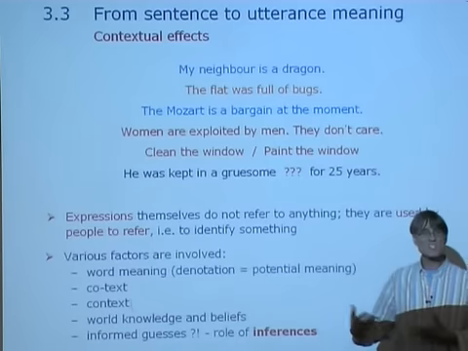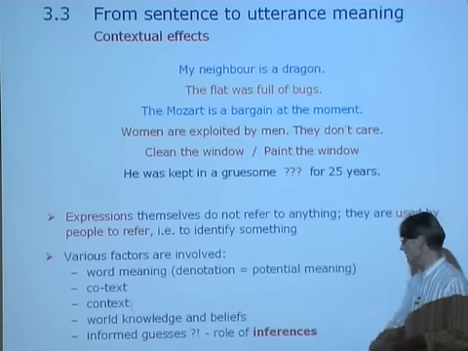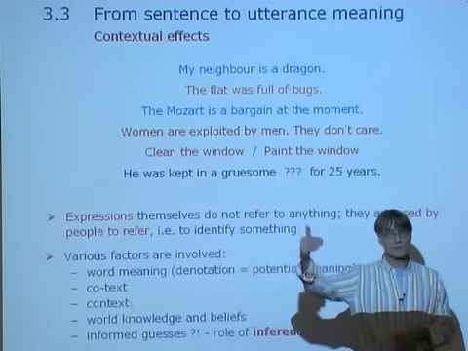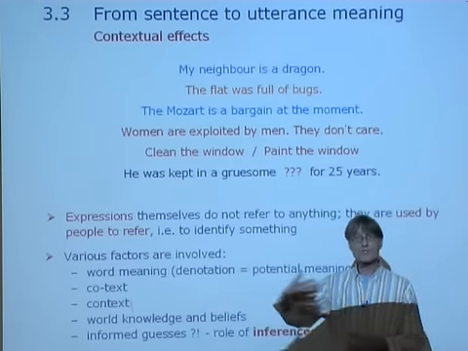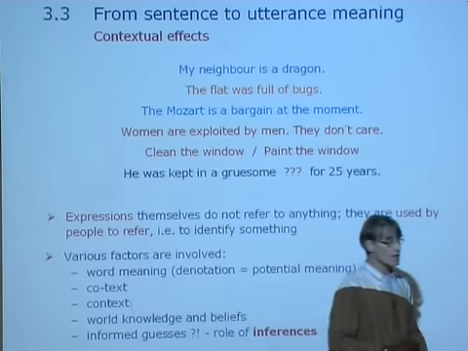And on the basis of all this, we make something like informed guesses about the intended meaning. And this is called inference. We make inferences. Schlüsse in German. Inferenz. Inferences.